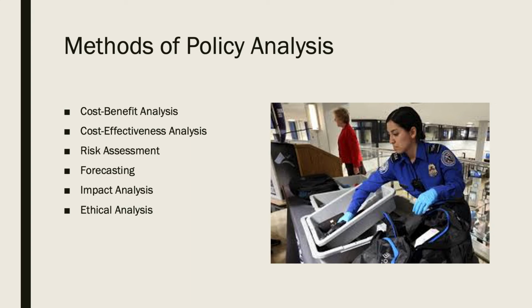Cost-effectiveness analysis is similar, it compares different policy alternatives that can produce benefit relative to their costs. This one is like cost-benefit but doesn't require trying to measure things like the value of a human life, which cost-benefit actually would.